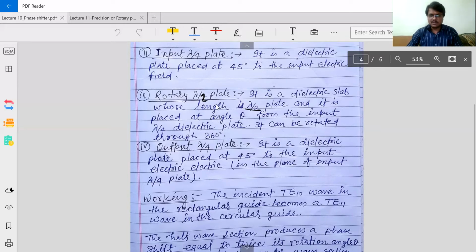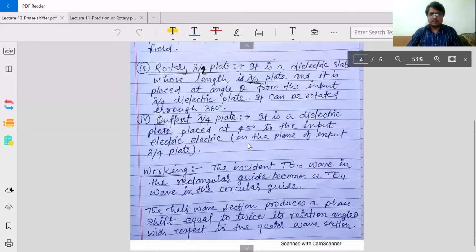This rotary section can be rotated, and the phase will change by double its rotation. If it is rotated by angle theta, then the phase shift obtained at the output will be 2 theta. The output lambda by 4 plate is a dielectric plate placed at 45 degrees to the input electric field. It is in the same plane as the input plane, as I told you. The incident TE wave in the rectangular waveguide becomes a TE11 wave in the circular waveguide.